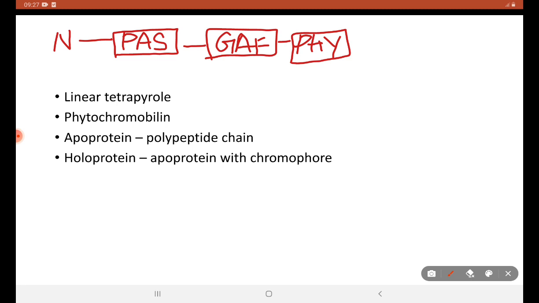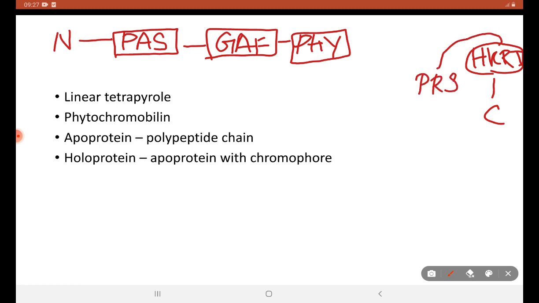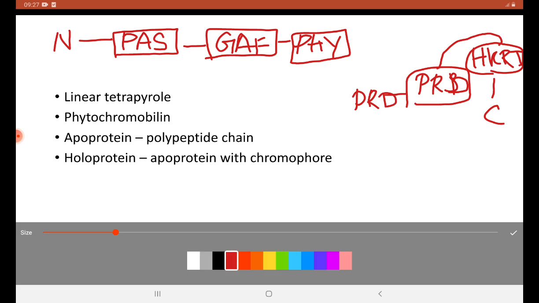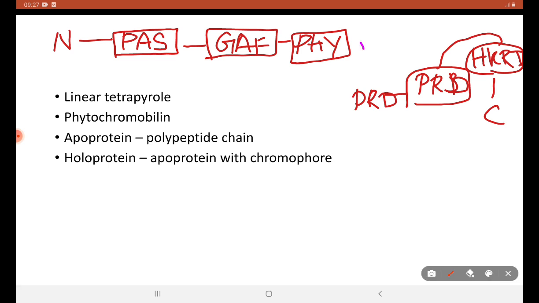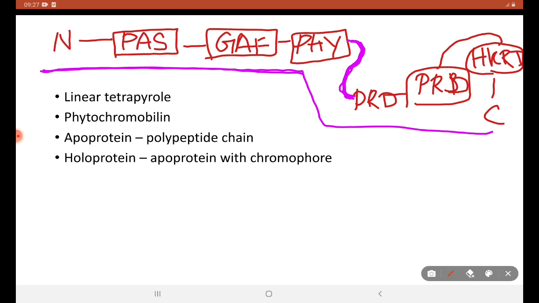Then in the C region, we have HKRD domain. It is connected with two PRD domains. These two things are connected with one another by hinge connection. This is the basic chain of phytochrome, a single polypeptide chain of phytochrome.